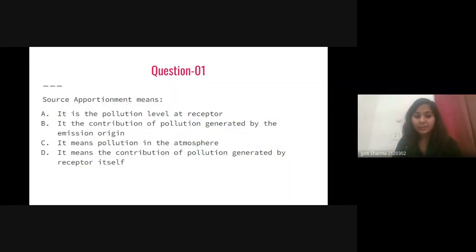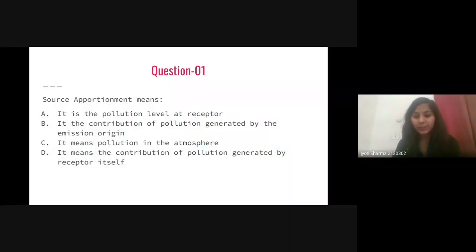Third option is it means pollution in the atmosphere. And fourth is it means the contribution of pollution generated by the receptor itself. So what should be the answer? This is basically the definition of source apportionment. So you can guess and write in the chat box whatever answer you think is right.